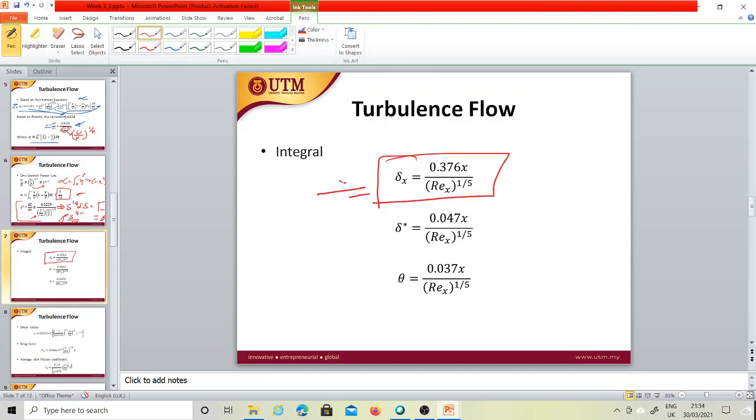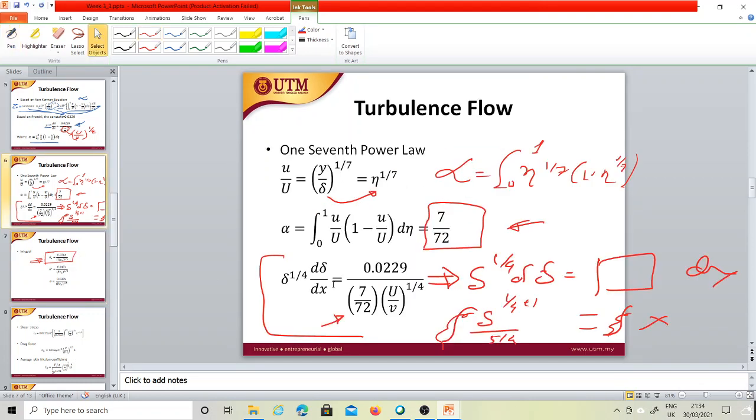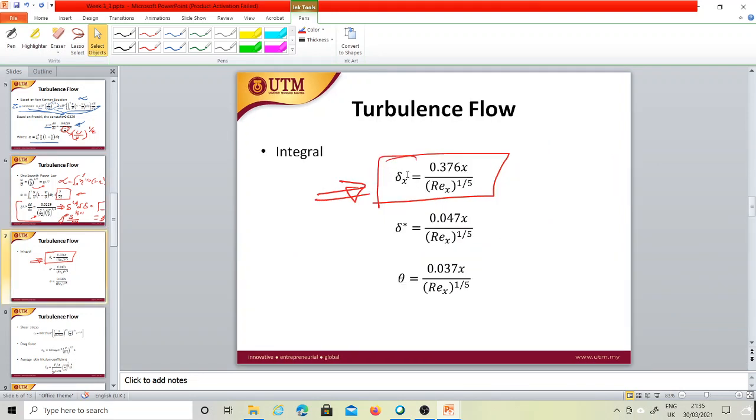Please derive it. If this is given for the turbulent model, then I might give you hints. I will not ask you to derive from the beginning. You might need to do the simplification, and then you just put the values, you will get this delta. I mean, this is the boundary layer thickness, which is a function of x.